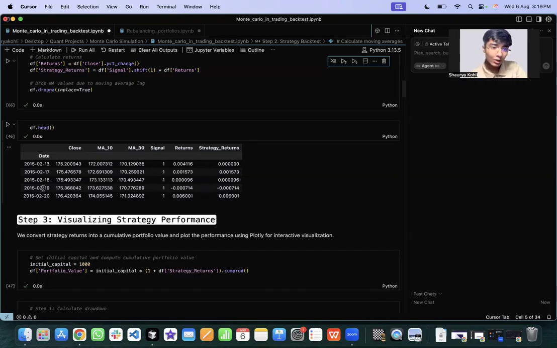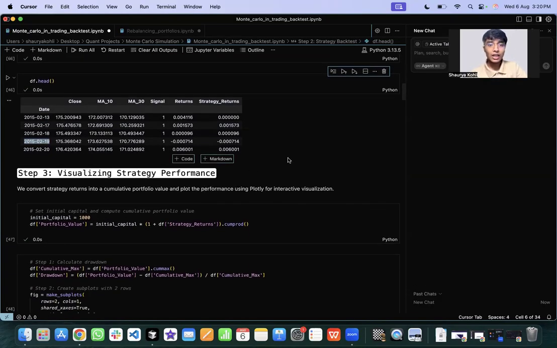And on this side, 19 February 2015, there was a negative return as well. After this, we'll try to visualize the strategy return on a graph, and plot the performance using Plotly for interactive visualization and better understanding.